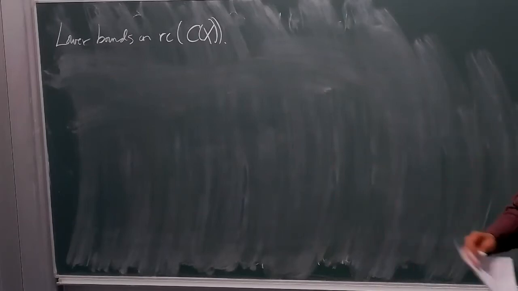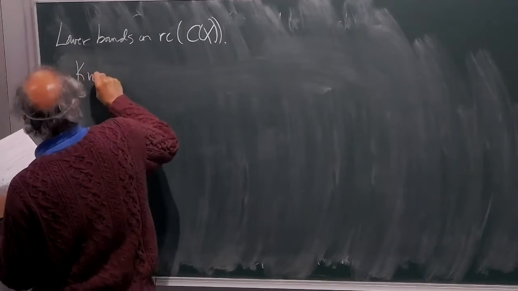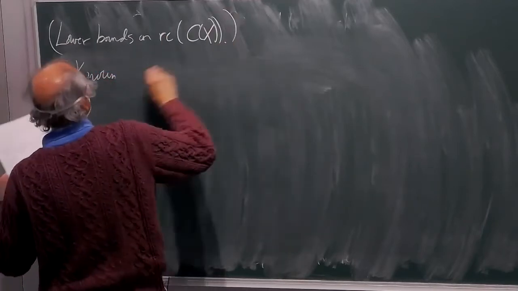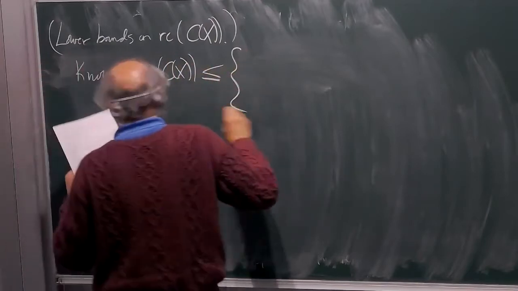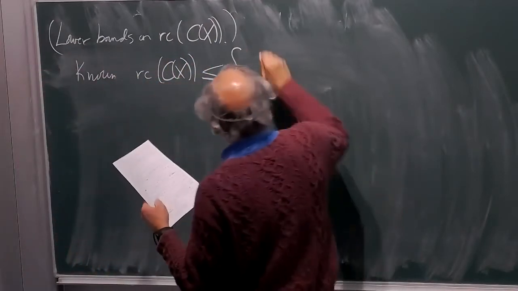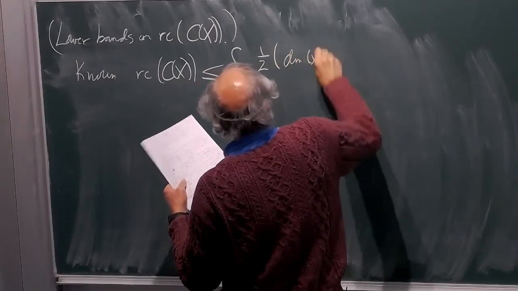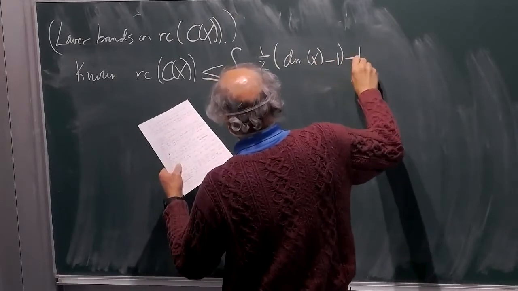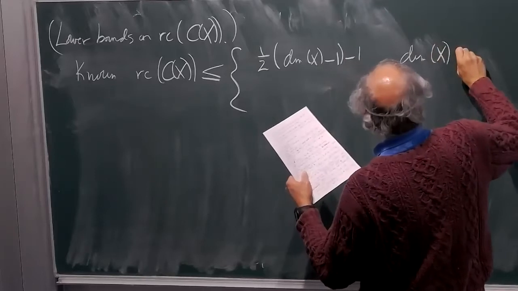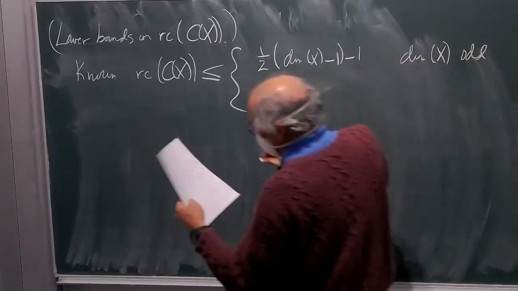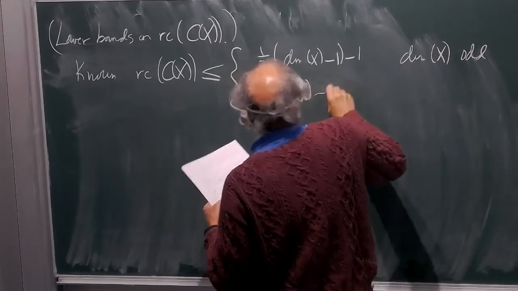So it's known, I would say the upper bound first, that RC of C of X is less than or equal to the following: 1/2 of the dimension of X minus 1 if the dimension of X is odd, and 1/2 the dimension of X if it's even.